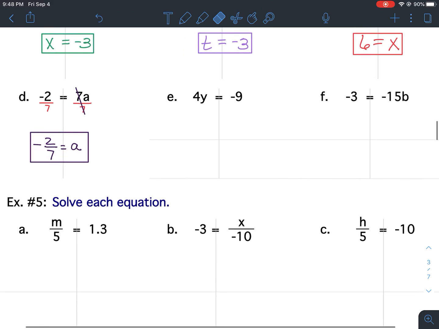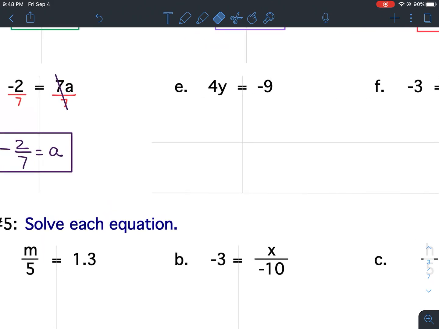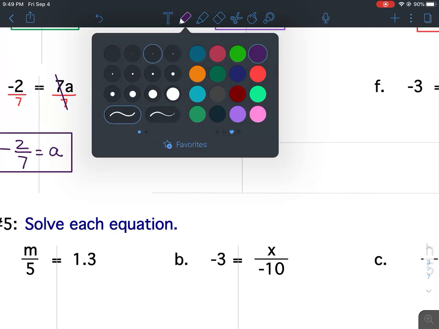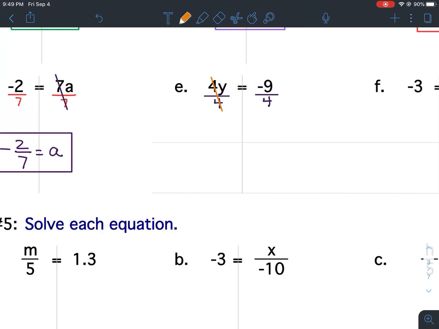For E, I want to isolate the variable, so I'm going to divide both sides by 4. Cancel the 4's out. If you put that in your calculator, it would give you back negative 9/4.